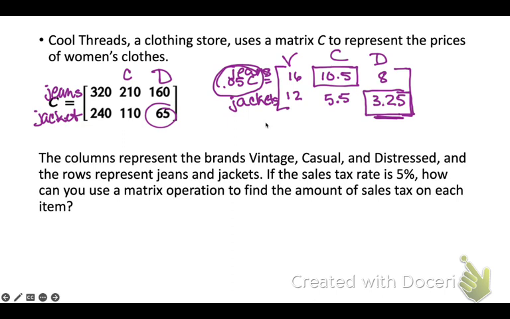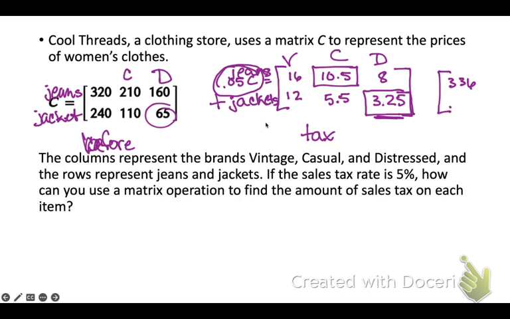What if I ask you for a matrix with the total cost? How would you do that? This is the tax, and this is the cost before tax, right? Wouldn't you just add them up? So it would be 336.